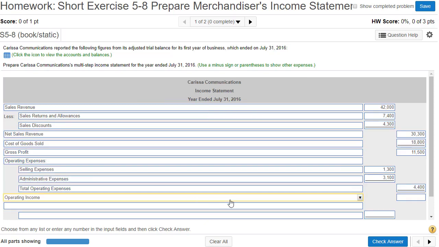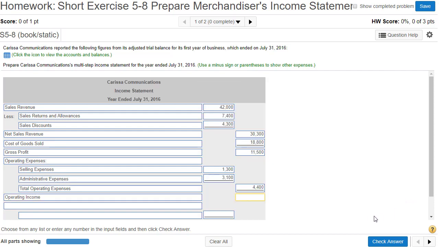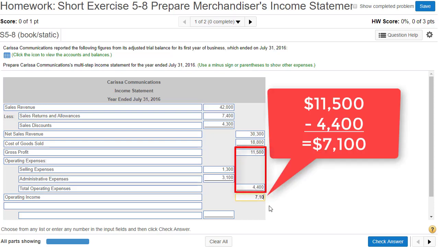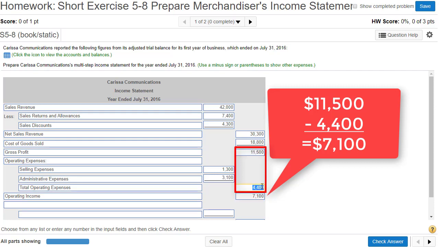This is the income from our main operations, the main part of our business. When we do the math, we get $7,100 of operating income. Again, I got that by taking $11,500 of gross profit, subtract $4,400.